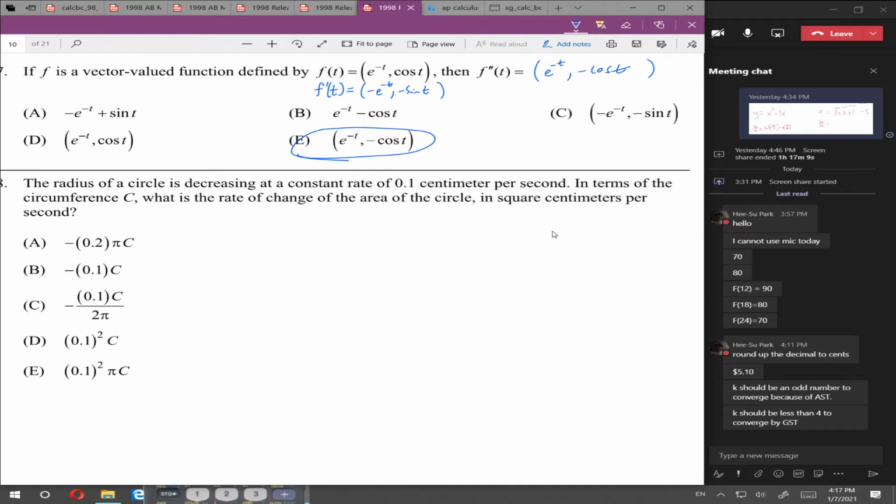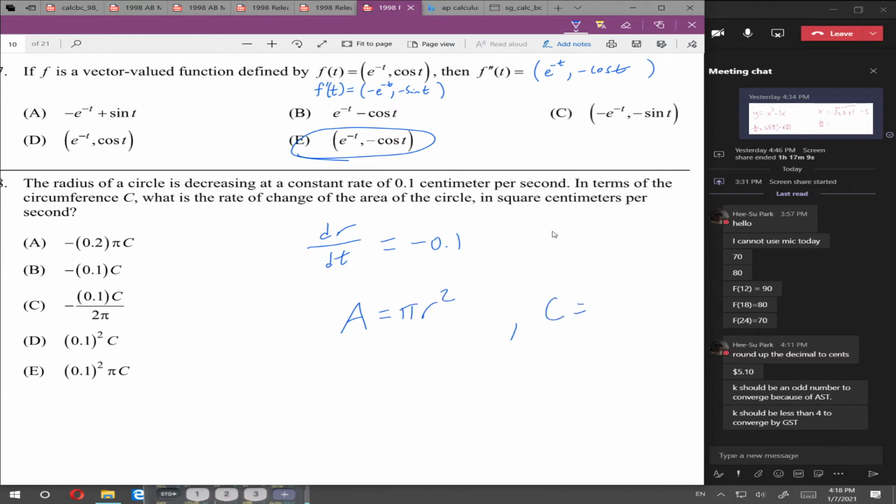So this would be d something over dt, right? dr. Okay, the change in radius over time is 0.1 and it's a constant decrease, so this should be negative.